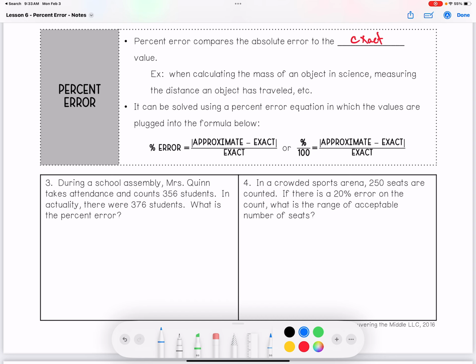It can be solved using a percent error equation, in which the values are plugged into the formula below. So you're going to use one of these. If you're looking for the percent, you can do approximate minus exact over exact. Or if you're looking for one of these others, you're going to set it up just as we've been setting them up, where this would be part, this would be whole.